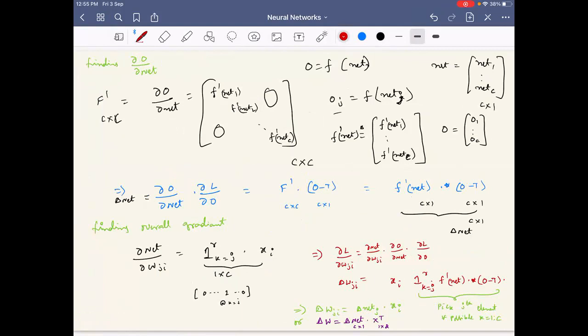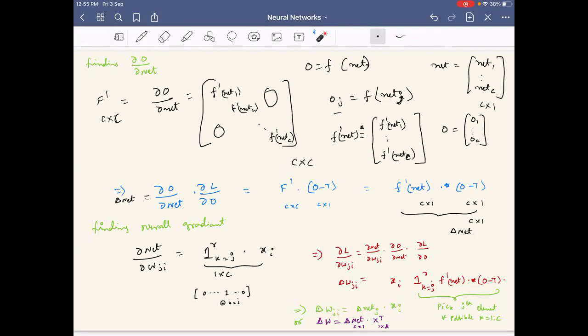So in delta net, I am trying to pick the jth element, delta net j, multiplied by xi. That's what we have for ∂L/∂Wji.